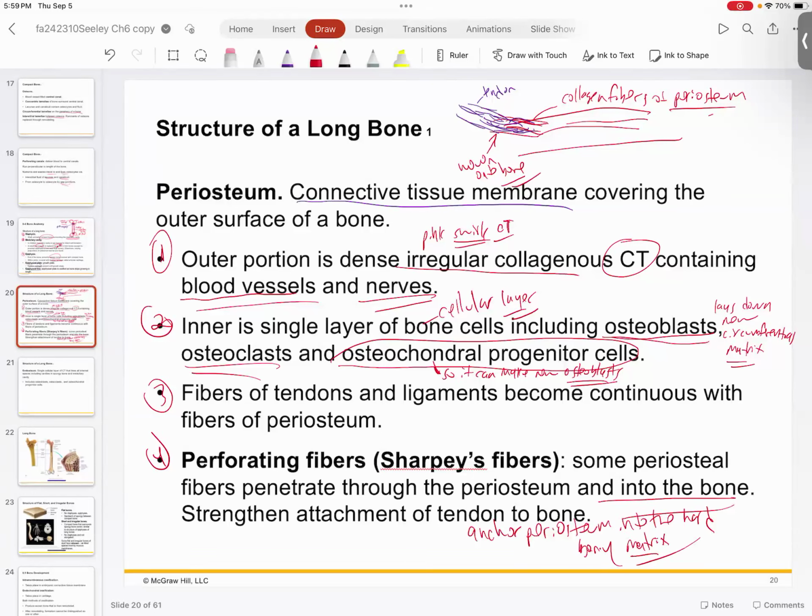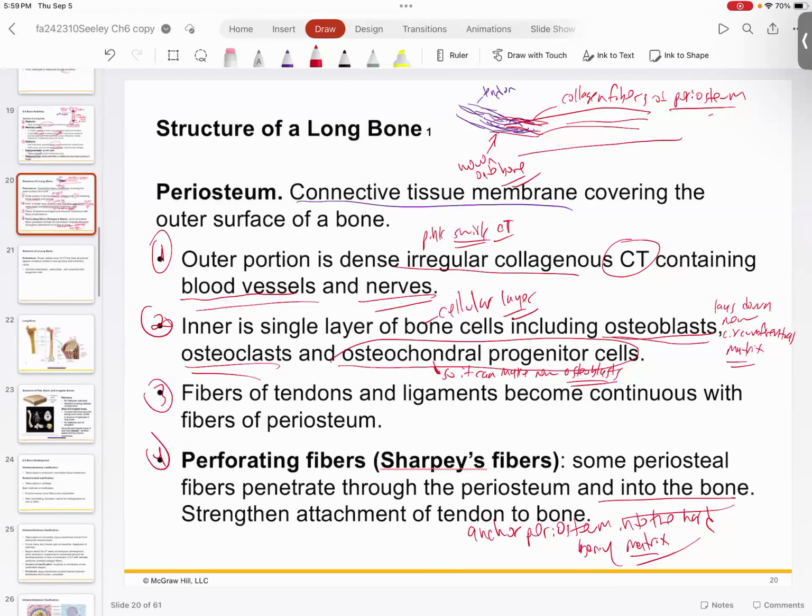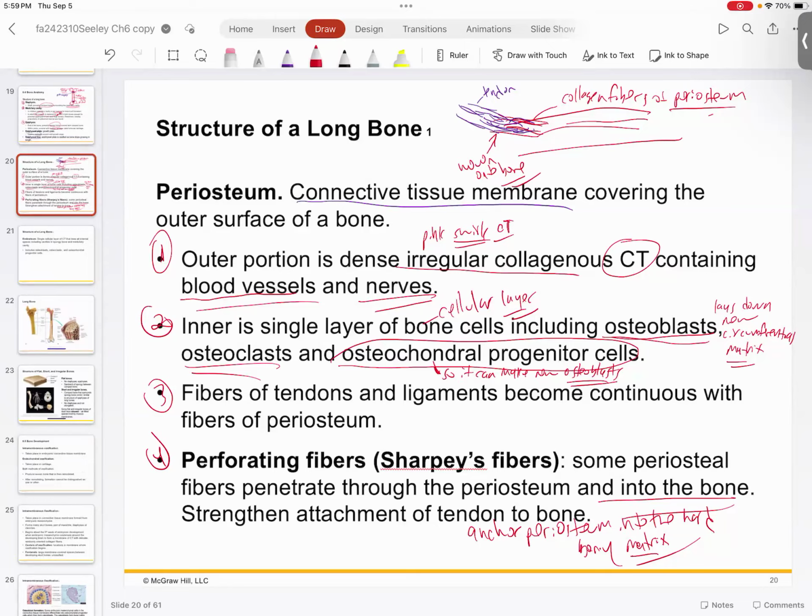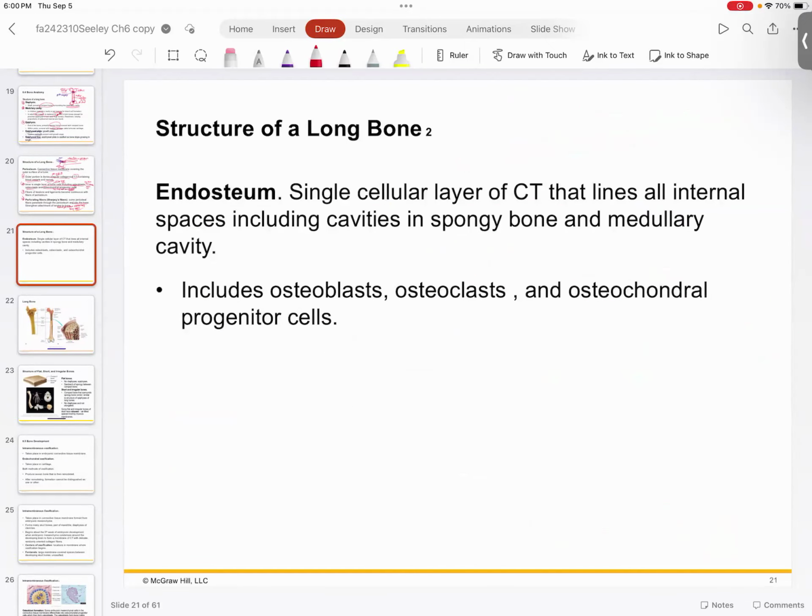Because remember, at this particular point, all we have is a collagenous connective tissue outer layer, which is busy connecting to other connective tissues like tendons and ligaments and blood vessels and things like that. And the inner layer, which is close to the bony matrix, is a cellular layer. So we haven't really figured out a way to keep this periosteal layer connected to the bone, except for these perforating fibers. These are basically the rivets, if you will, that fasten the periosteum onto the bony matrix and keep it from sliding off.